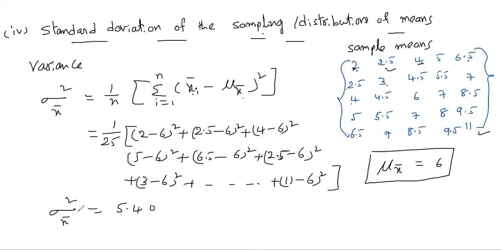So the variance of sample means, sigma square x bar, equals 5.40.